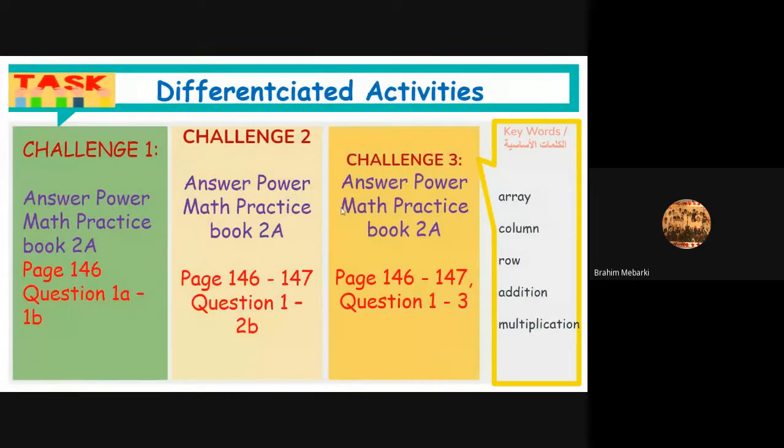Great, so now it's time to do your tasks on your math practice book A. You have some different activities. The teacher has always told you, please don't interrupt me while I'm talking. Just wait. After I finish, you can talk or you can ask for permission.